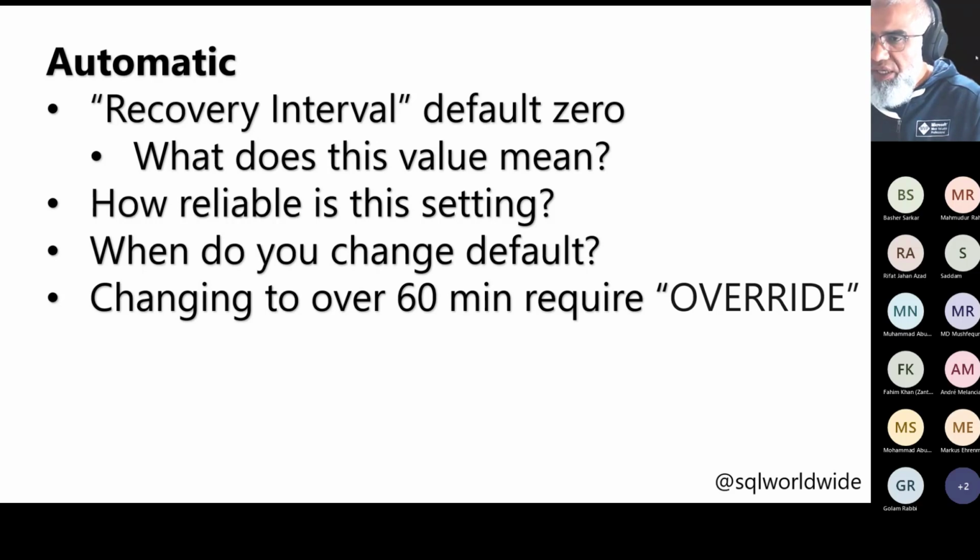If you see that your frequent checkpoints are impairing your disk IO performance and it's impacting your workload and eventually your customers, maybe you should look at that. But whatever you do, do it very gradually, right? And you can use sp_configure. If you are using a value less than 60, you do not need to use override. If you are using more than 60, then you need to use the override statement. And you can read in Books Online what override does.